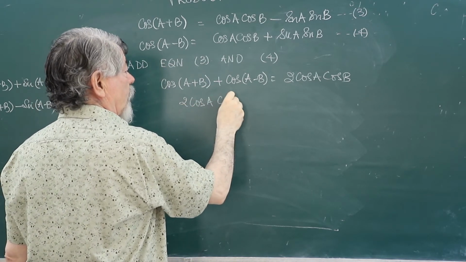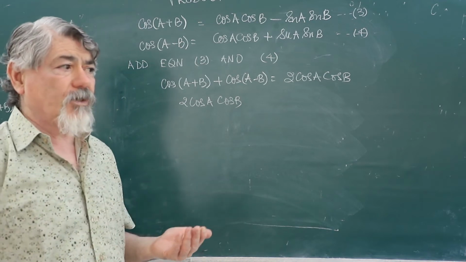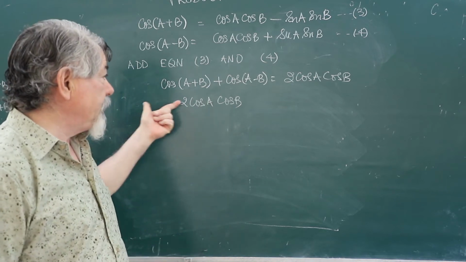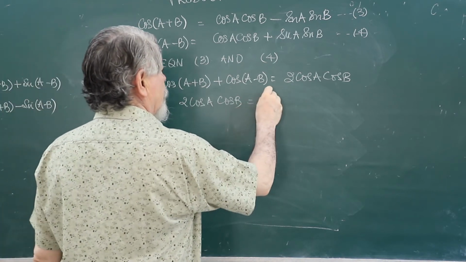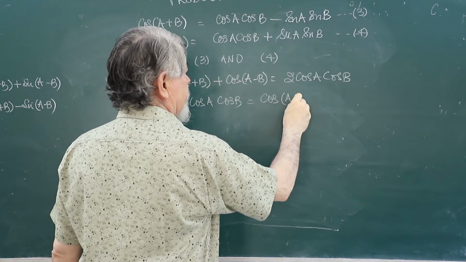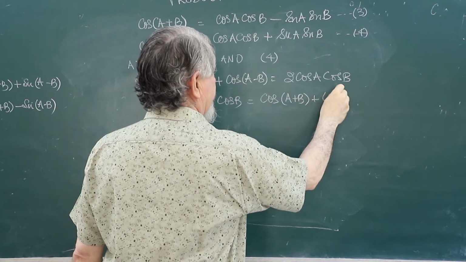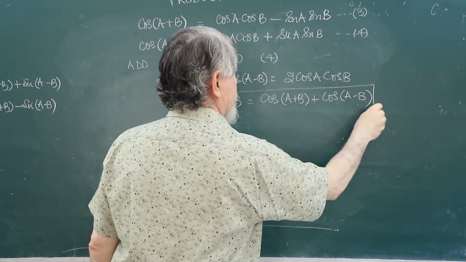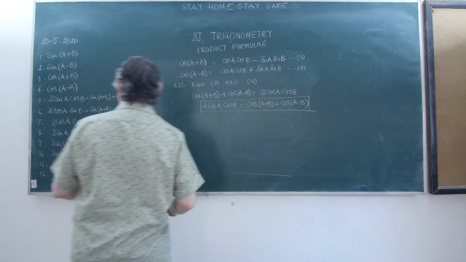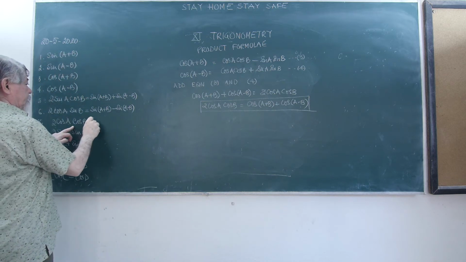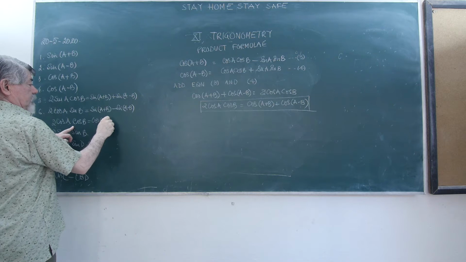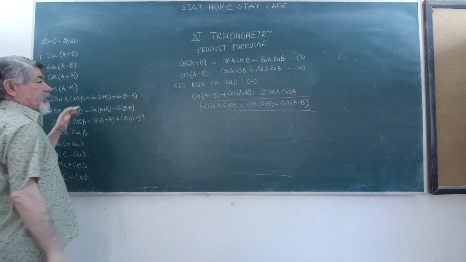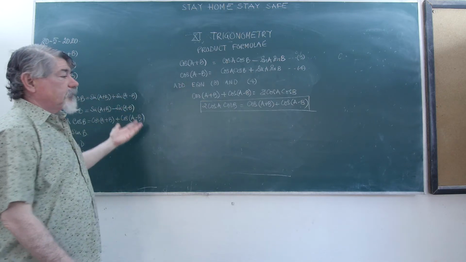If you see the term 2 cos A cos B, and even if you see the term cos A cos B, you can always multiply and divide to get 2 cos A cos B into 1 upon 2 will be equal to cos A plus B plus cos A minus B. So we get this formula, and we will write it here. 2 cos A cos B is cos A plus B plus cos A minus B, because at the end we will be rubbing this and again we will be discussing.